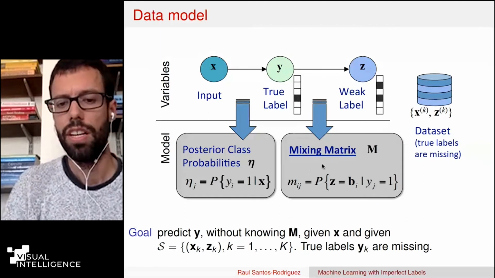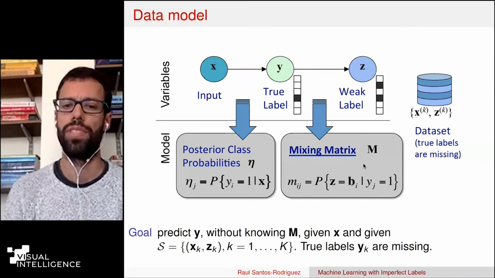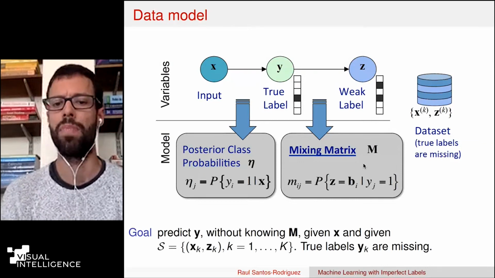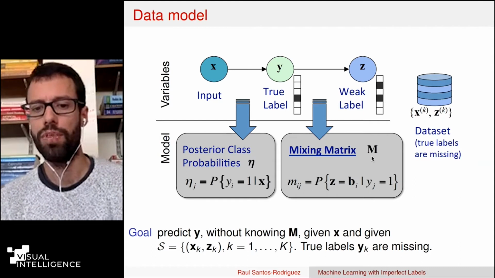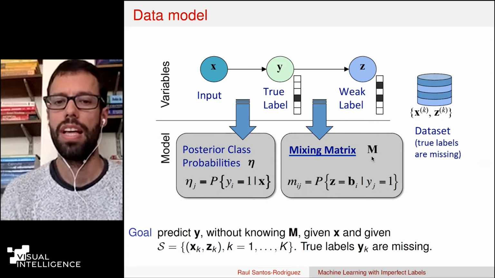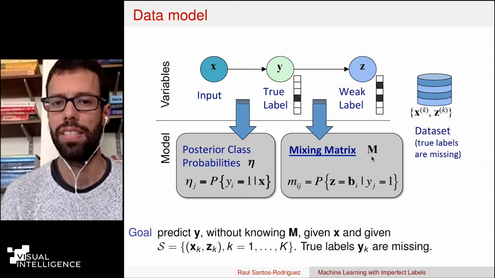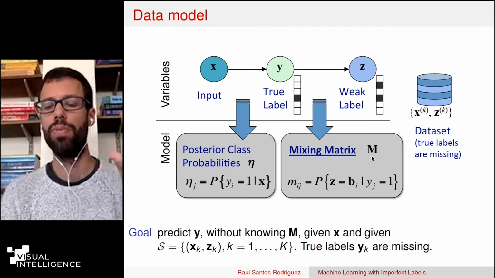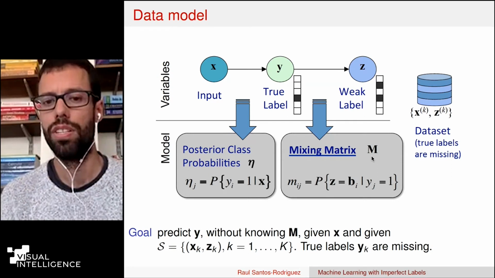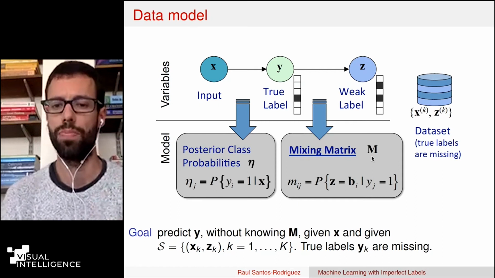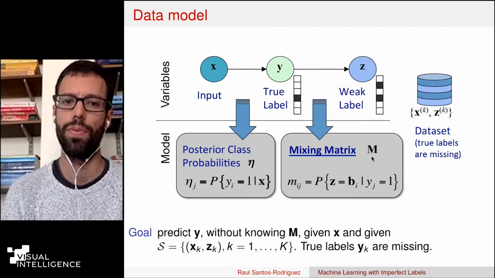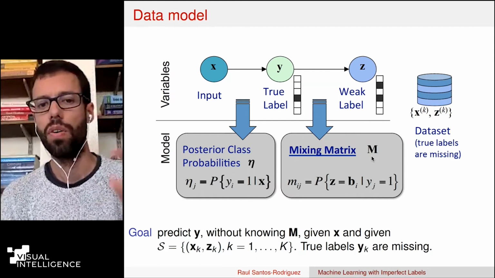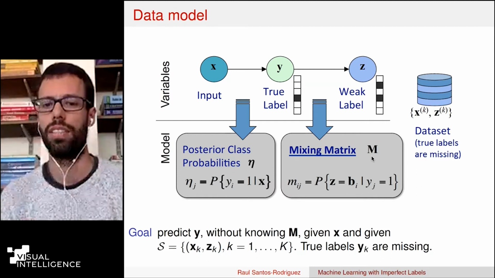And the second is an element that has many different names that we tend to call mixing matrix, this capital M, which is a matrix that tells us about any distortion that happened in between the true label and the weak label. So it's a stochastic matrix that is trying to encode any possible transitions, if you want, that have occurred going from Y to Z.